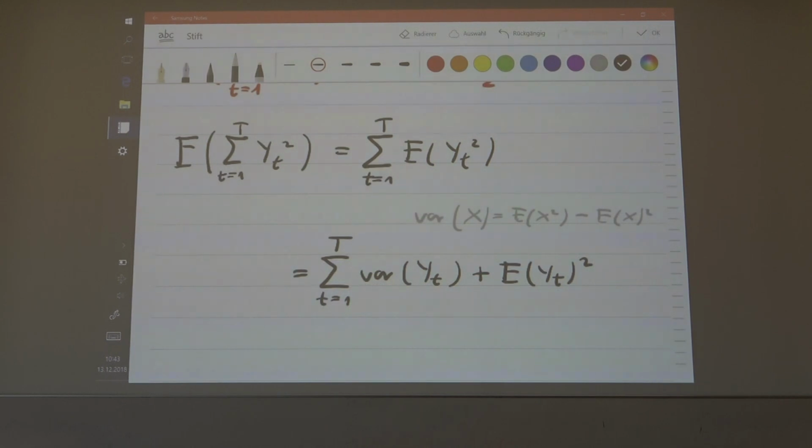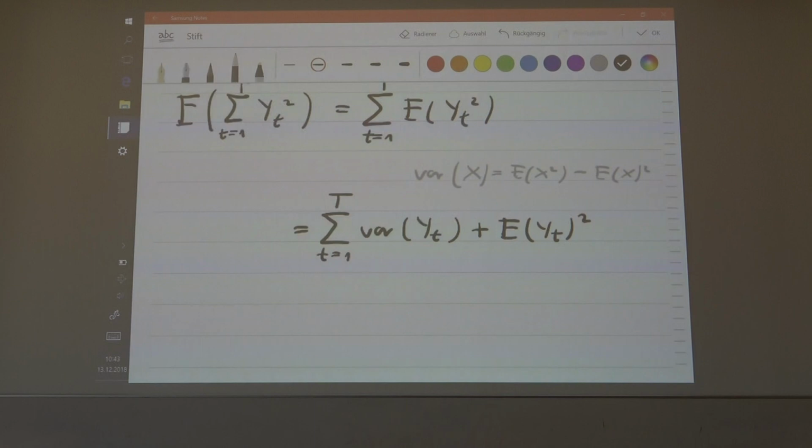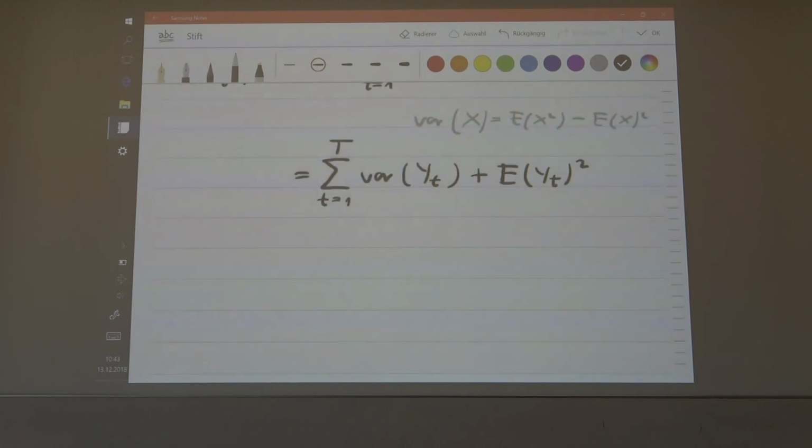Now, if you assume that the process starts at 0 almost surely, then this expression cancels out, because this is equal to the expectation of the starting value.